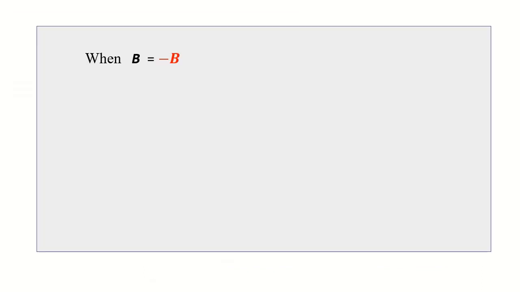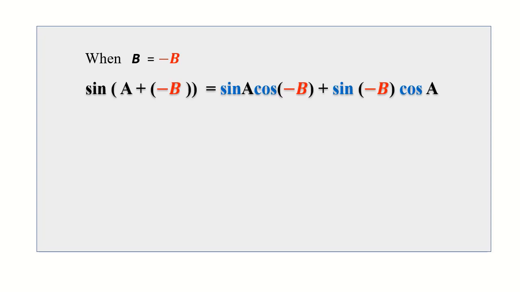When the angle B is replaced with minus B, the addition formula for sine becomes sine of A plus minus B equivalent to sine A multiplied with cosine of minus B plus sine of minus B multiplied with cosine of A. So we just have to take note of this.